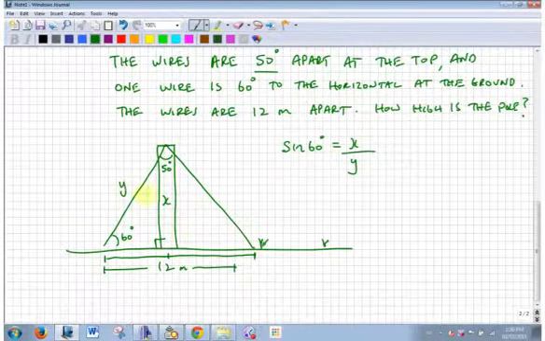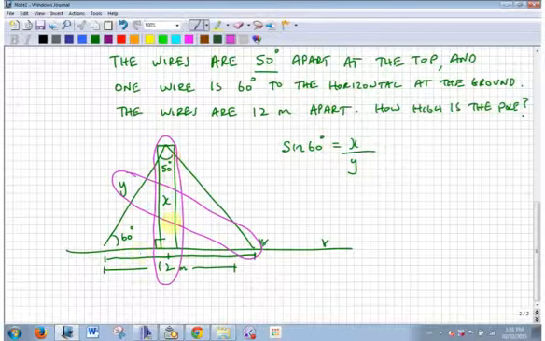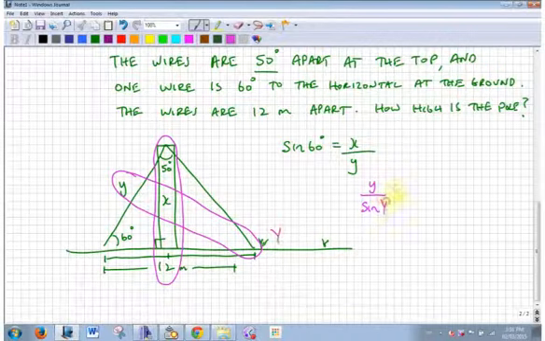Well, to get y, I need some sine law stuff. I need the angle opposite y, because I have these two pieces of information: I know the side opposite 50. So sine law says y over sine of, I'll call that big Y, is 12 over sine 50.